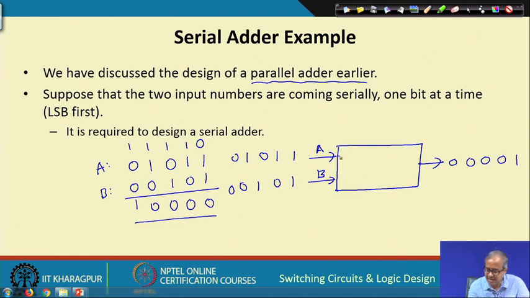So, there is a single input A, single input B, where I am sending one bit at a time, and in the output I am generating one bit at a time. So, if you think about how this circuit should work, suppose you are a serial adder, you just imagine yourself to be a serial adder, where the bits are coming one by one.